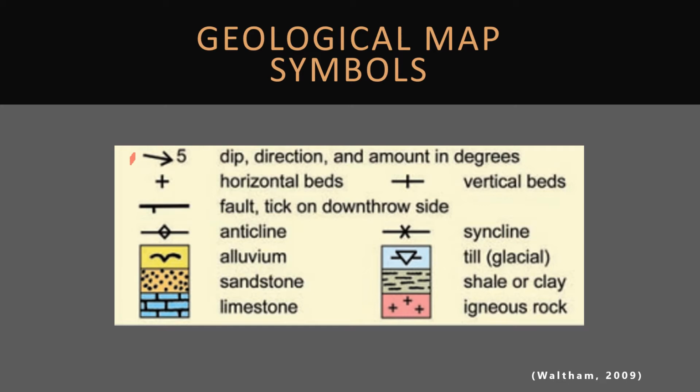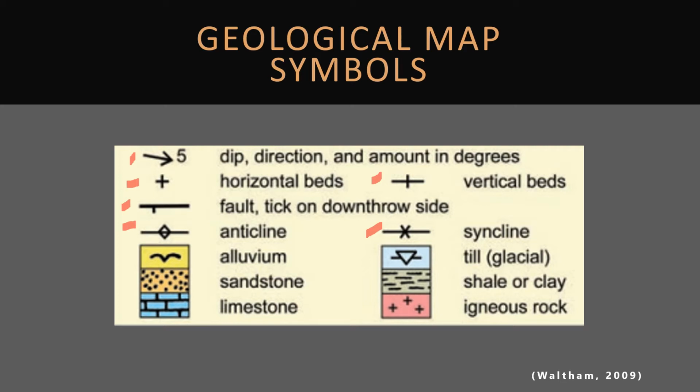Horizontal beds are represented by this, like a cross symbol, and a fault that points on the downthrow side is this one. This symbol represents vertical beds. This is the symbol for syncline, and this is for anticline.